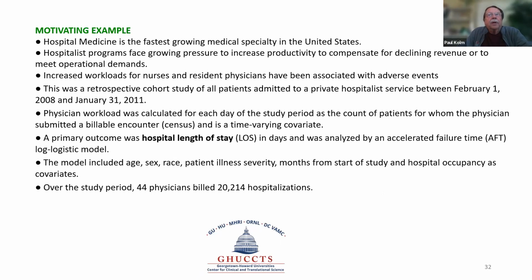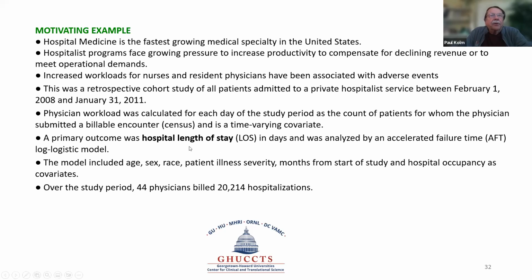And so our example here is from a study of the effect of workloads for resident physicians and nurses in a hospitalist program. Our variables that we're interested in here are age, sex, race, patient illness severity, months from start of the study, and then hospital occupancy.